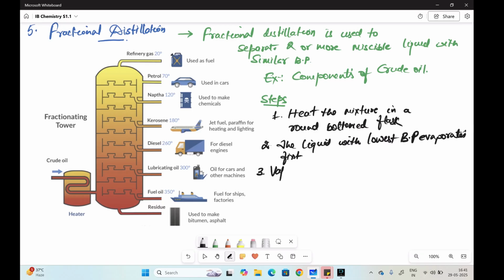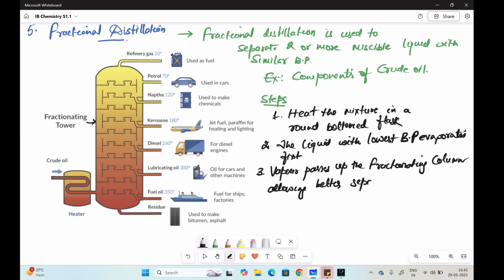So you can say vapor passes up the fractionating column. This is the fractionating tower or column, you can say, allowing better separation, right? Then vapor will be condensed.